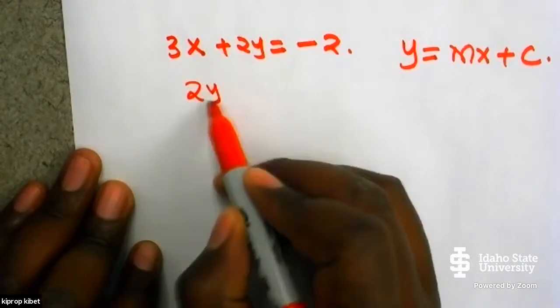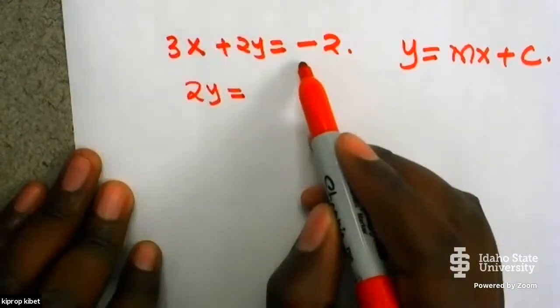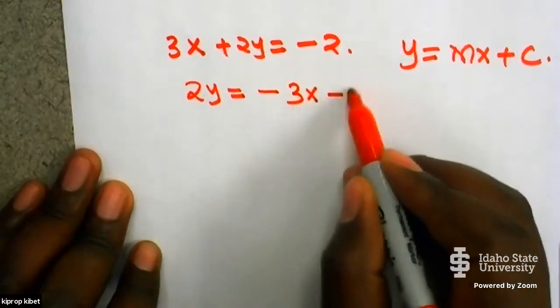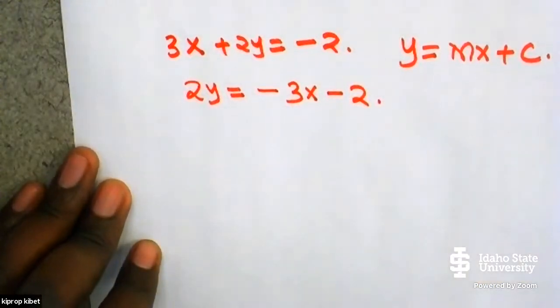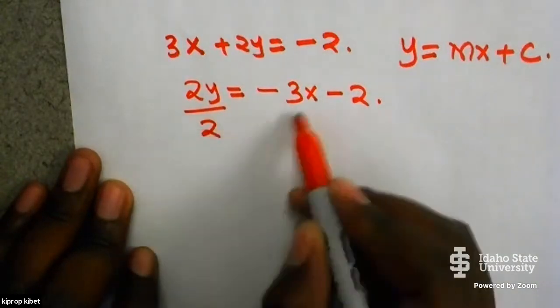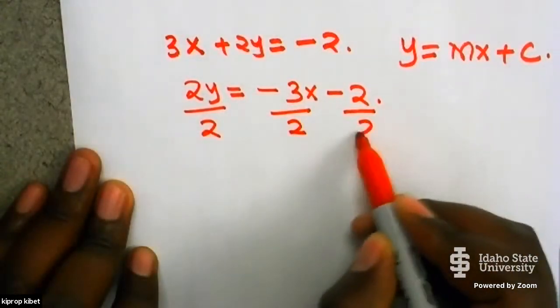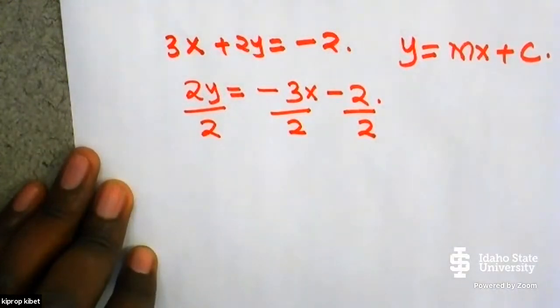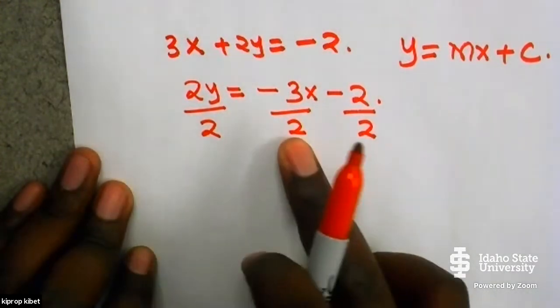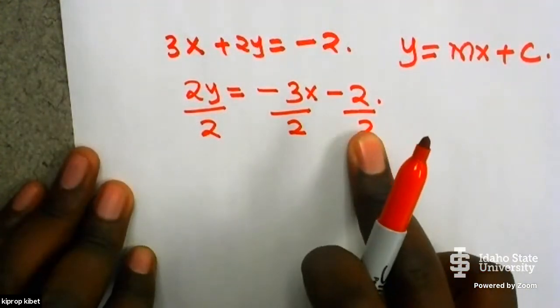So 2y equals, when you take 3x to this side, it will be -3x minus 2. Then you divide everywhere by 2. Remember that. You divide this one by 2, this one by 2, and this one by 2.